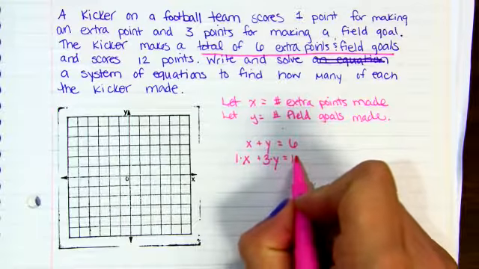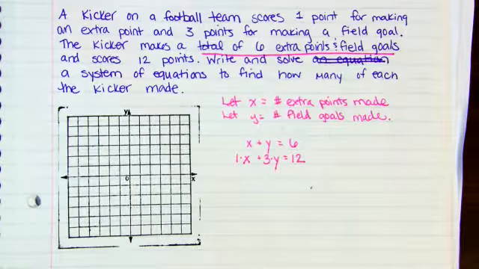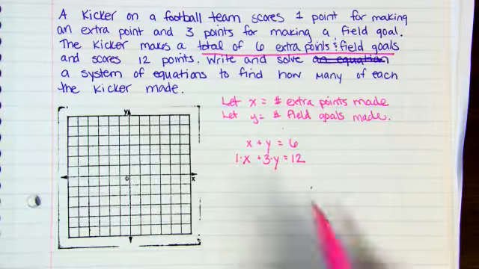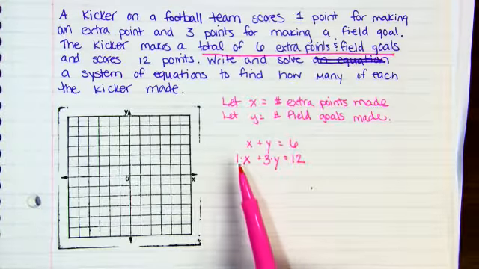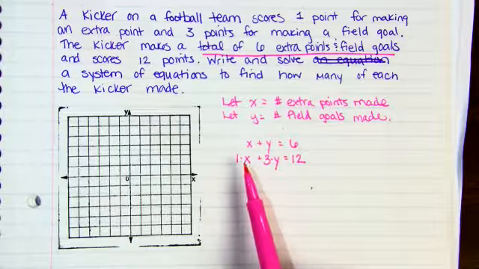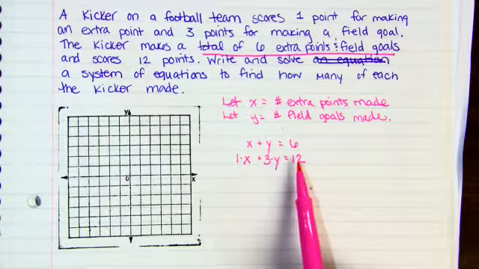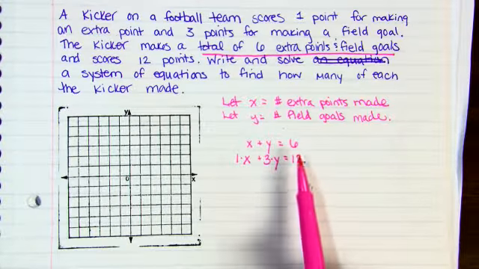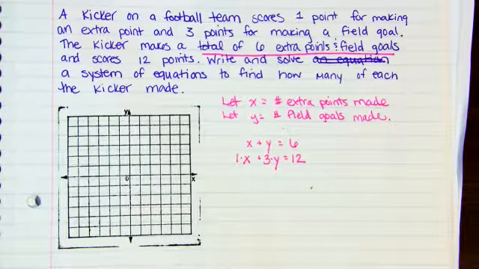And all together, our points have to add up to 12. So this is our situation here. x plus y equals 6, and then our other equation would be 1x, or x plus 3y equals 12. And I need to graph these in order to figure out what our solution is.